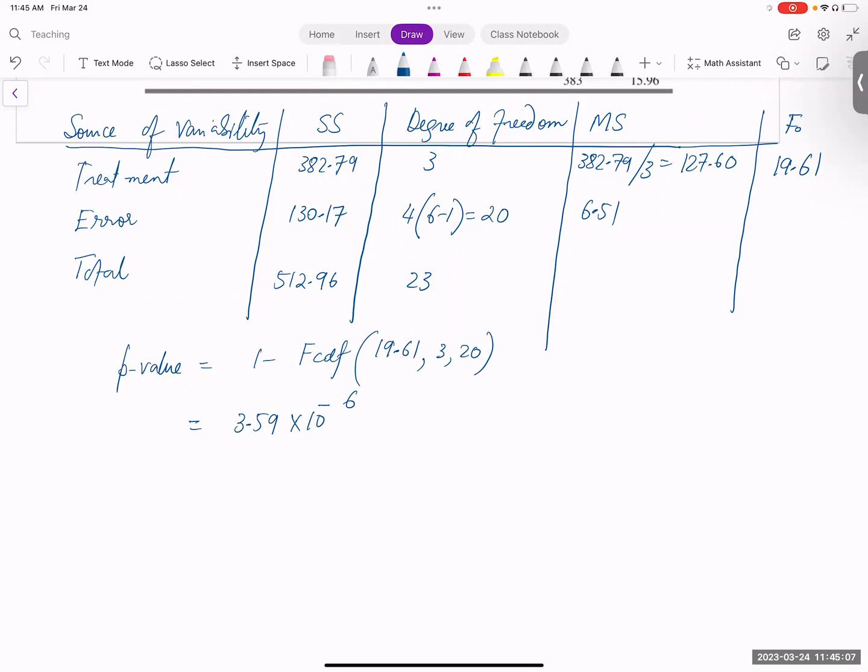Since this is less than alpha, actually very, very much less than alpha, we reject the null. We conclude that hardwood concentration does affect the paper quality, which means there is a difference from one treatment to the next.